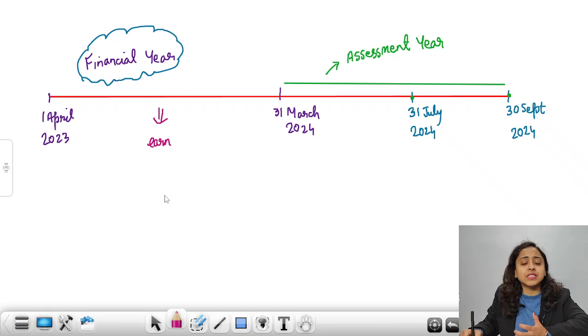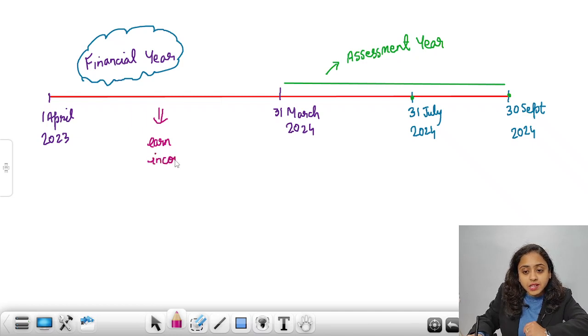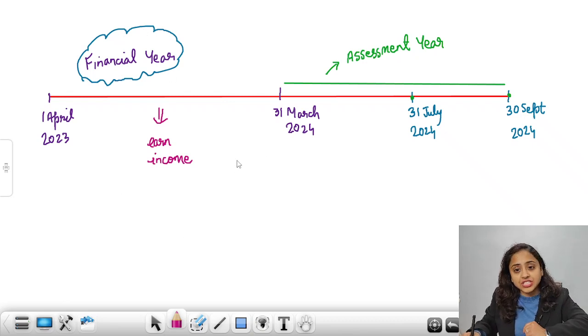It can be a business, an individual, a partnership, a cooperative society, multiple. Any person can earn income. The year in which you are earning income is known as the financial year, whereas the following year to this financial year is known as the assessment year, wherein there are multiple due dates available.